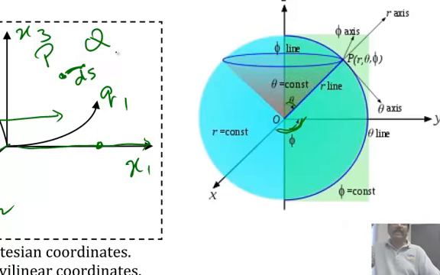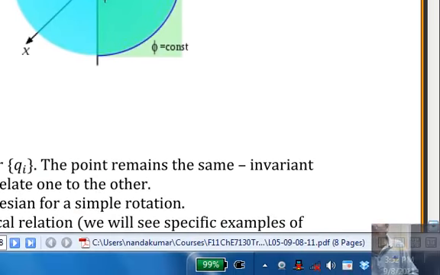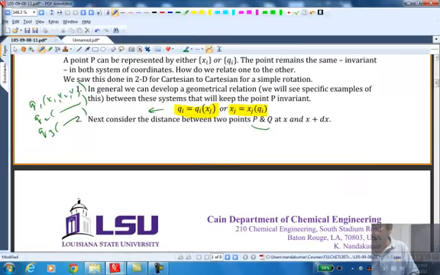We want the point to be the same, we want distances to be the same. Just because I'm using one coordinate system and you are using a different coordinate system, the measure of distance doesn't change. So that is the idea that we are going to use to relate the derivatives, or the rates of change, in one coordinate system to another.